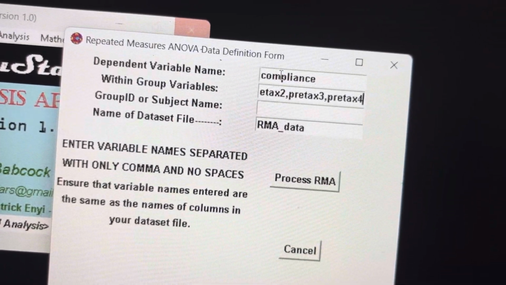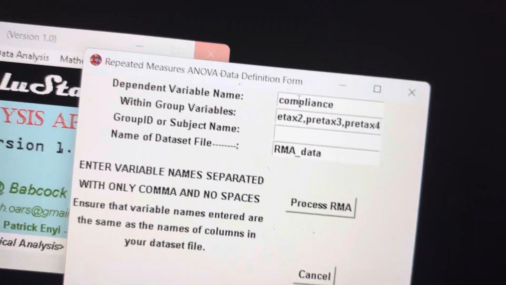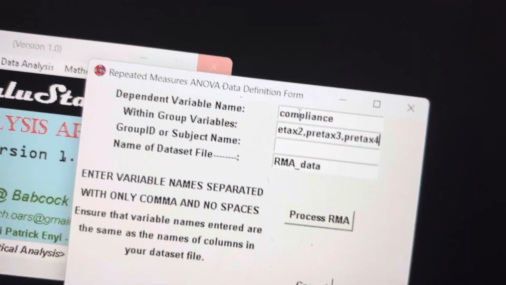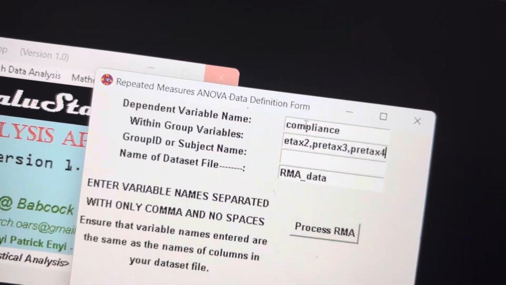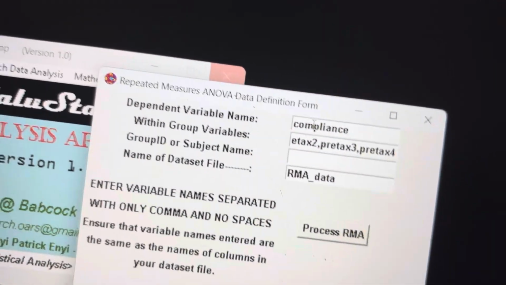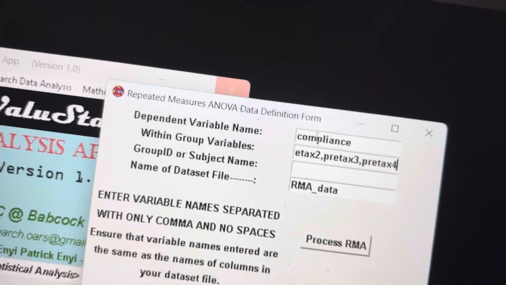Here we are trying to say that there are about 4 pre-tax campaigns or measures that were taken to ensure that they comply.